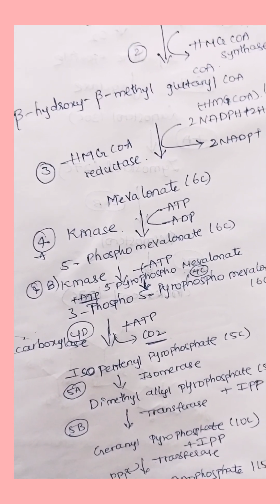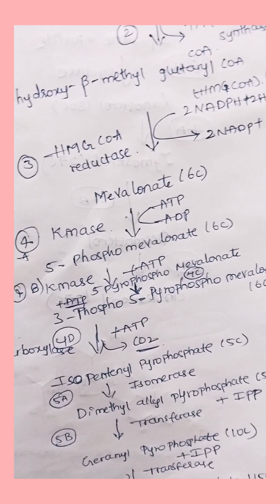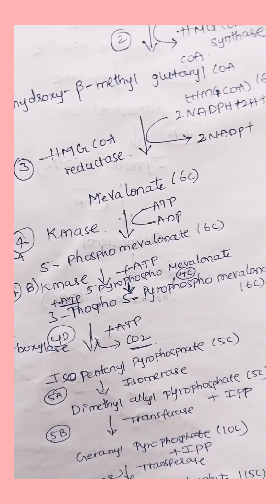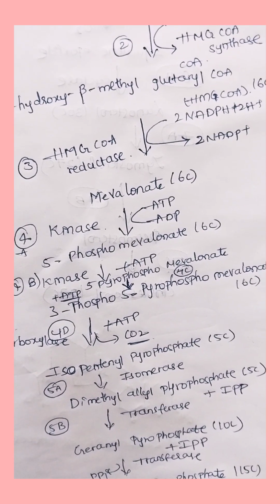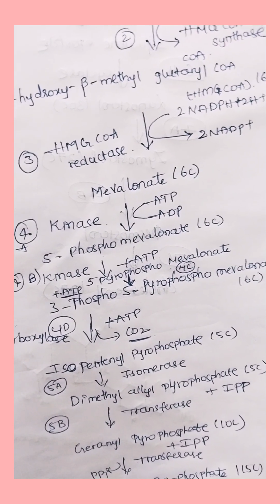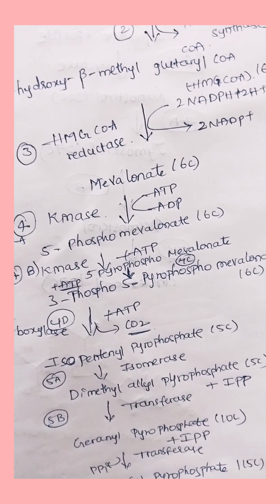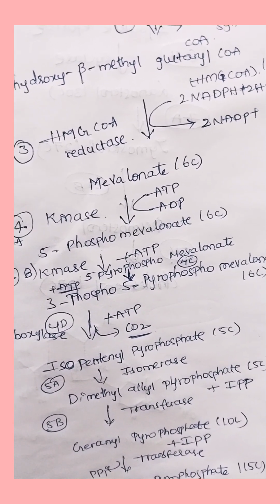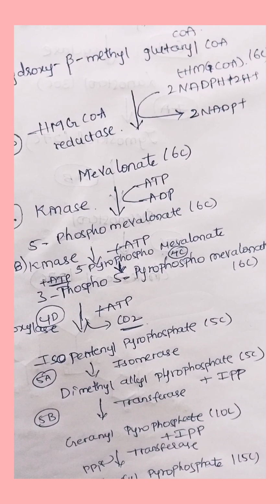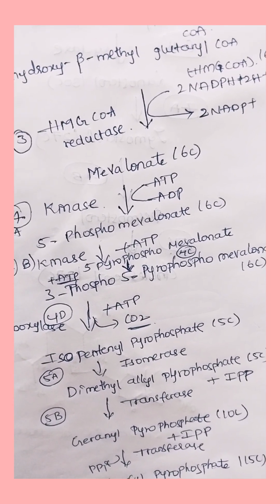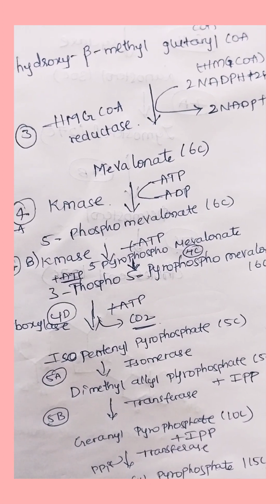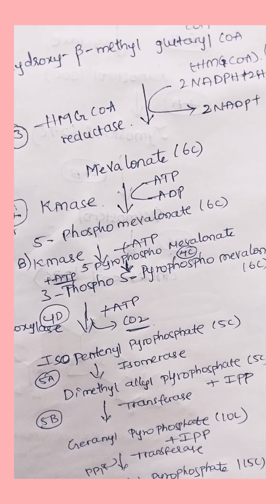Then in the presence of isomerase, some rearrangement occurs in the structure of isopentenyl pyrophosphate. So we get dimethyl allyl pyrophosphate, which is also a 5 carbon compound. Then we add isopentenyl pyrophosphate, which is a 5 carbon compound. The product will be 10 carbon geranyl pyrophosphate.